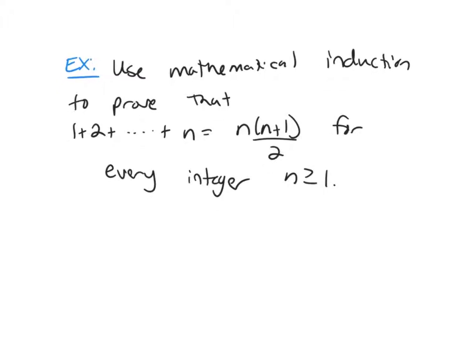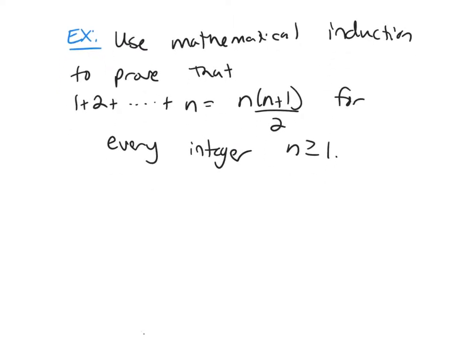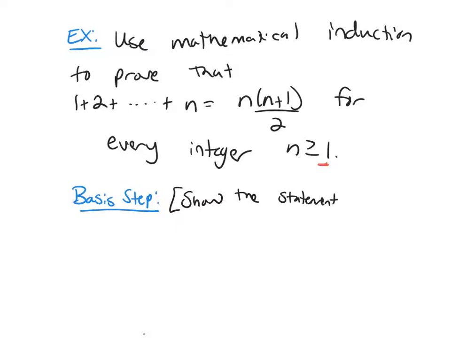So when you're doing mathematical induction, your first step is always going to be the basis step. You have to show that this formula is true for our initial value of n, which is 1. So your basis step here, you need to show the statement or formula is true for n equals 1.